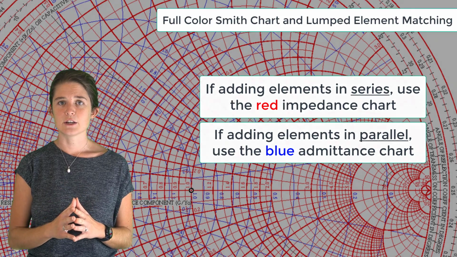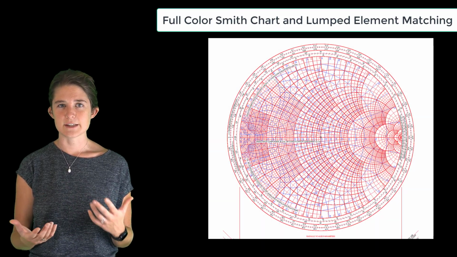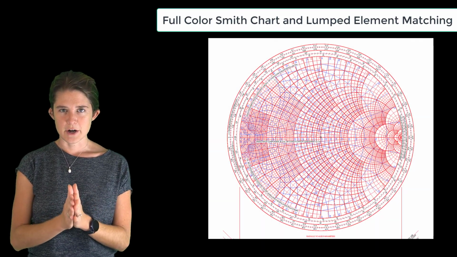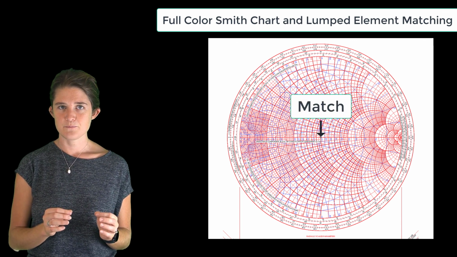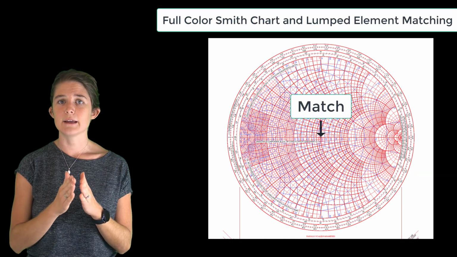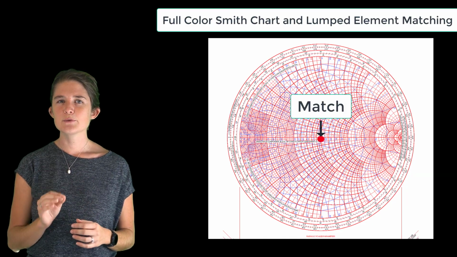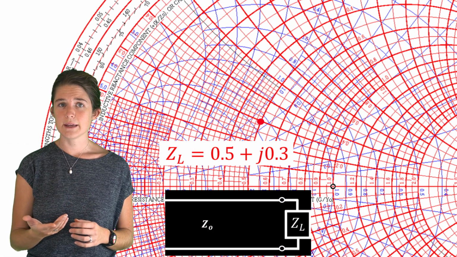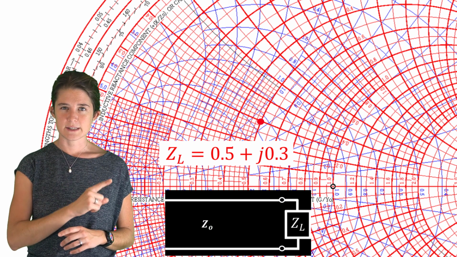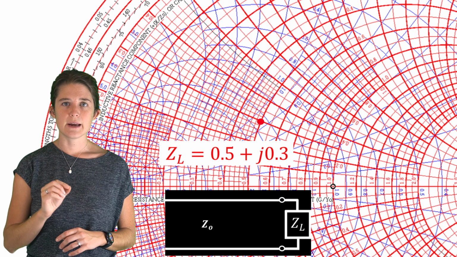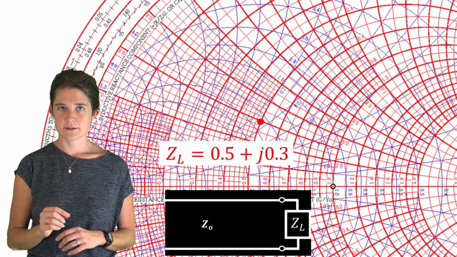We can apply this technique to perform impedance matching using LC combinations. Remember, a match occurs when the input impedance is equal to the system impedance, which on the Smith chart is plotted in the center. So suppose we have a load with a normalized load impedance of 0.5 plus j0.3, which sits here, and we want to create an LC combination to match it.